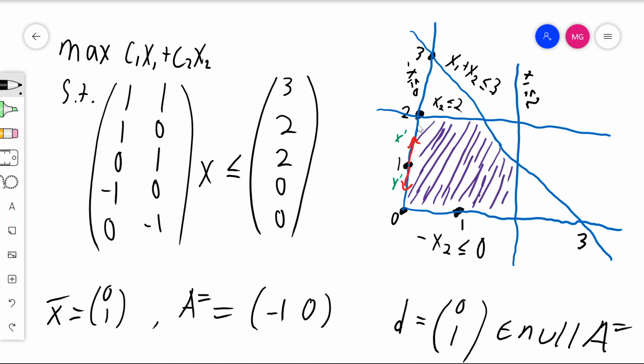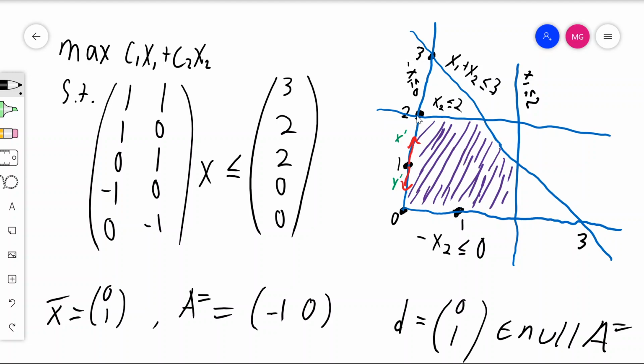But that fails once you finally hit a corner point here. Once you hit a corner point, what happens to A equality? There's another tight constraint, and so A equality adds on another row. You've stayed on this edge, so that constraint stays there, but now you add on another tight constraint because you've run into another edge here.